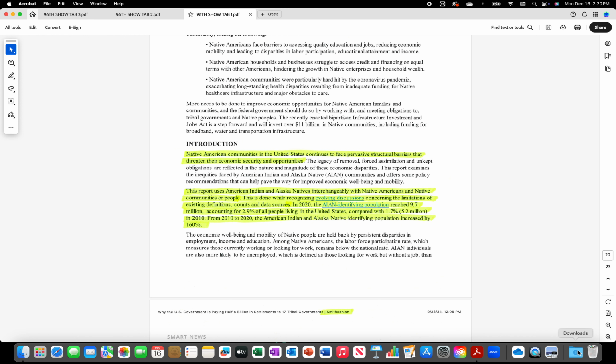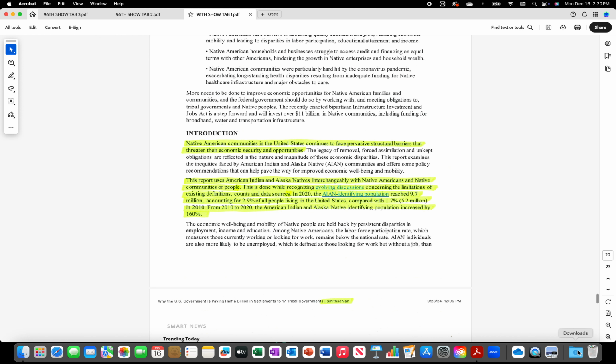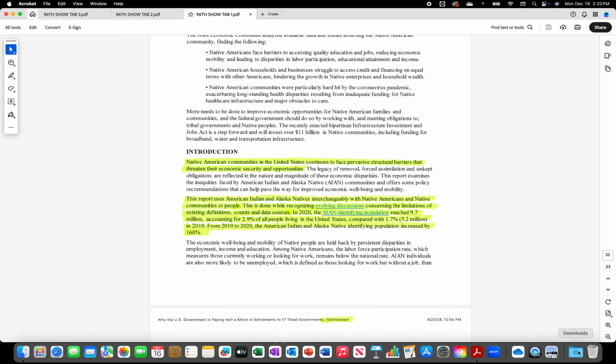Native American communities in the United States continue to face pervasive structural barriers that threaten their economic security and opportunities. This report uses American Indian and Alaskan Natives interchangeably with Native American and Native communities or people. This is done while recognizing evolving discussions concerning the limitations of existing definitions, counts, and data sources.